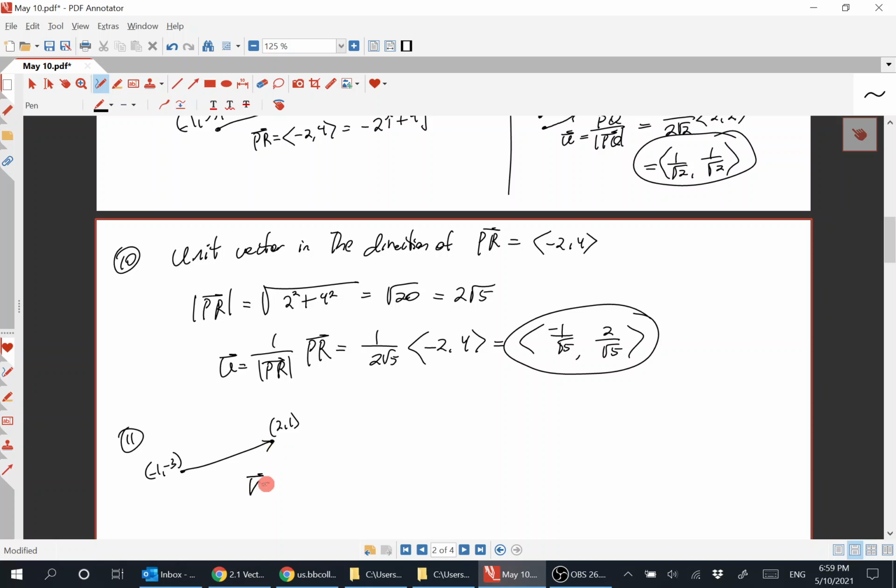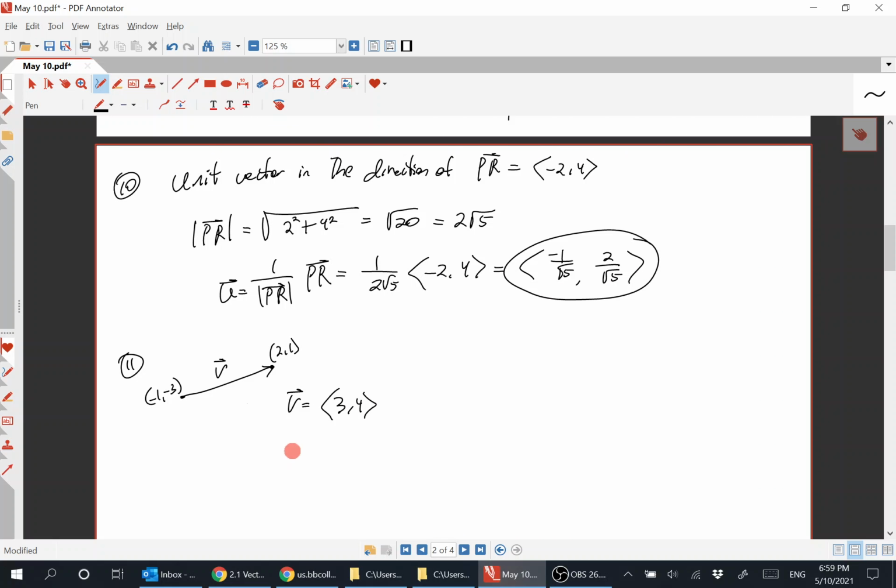All right, so this is the vector v. So v is equal to 2 plus 1 is 3, head minus tail, and then 1 plus 3 is 4. So the unit vector in the same direction, right?